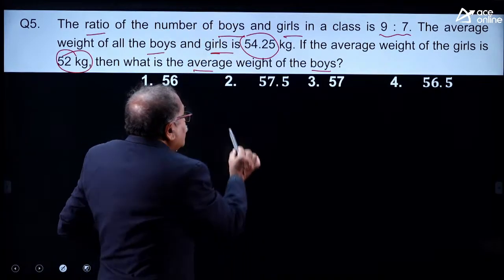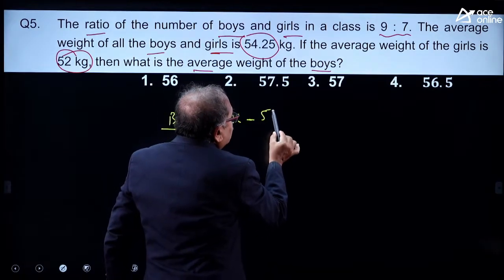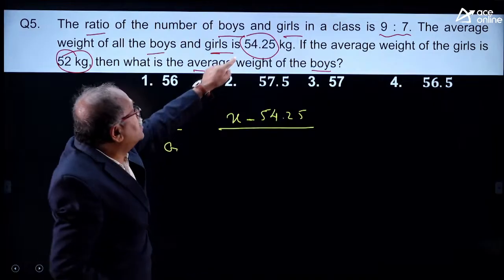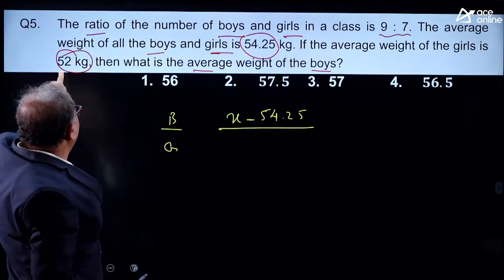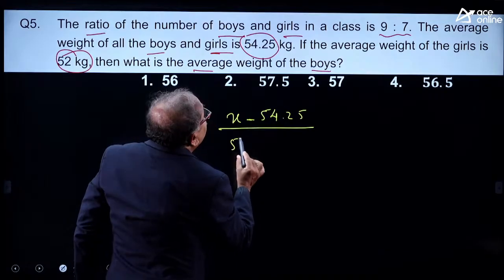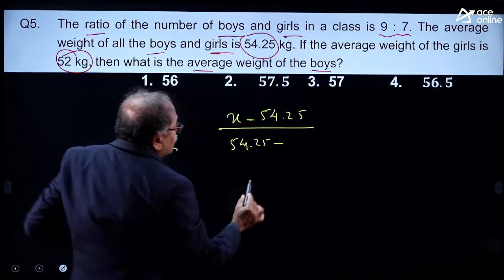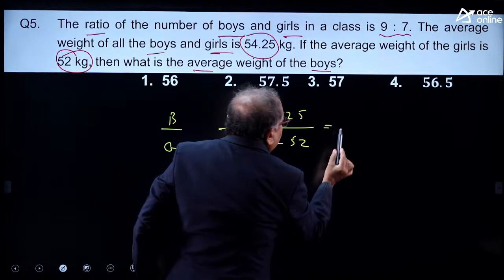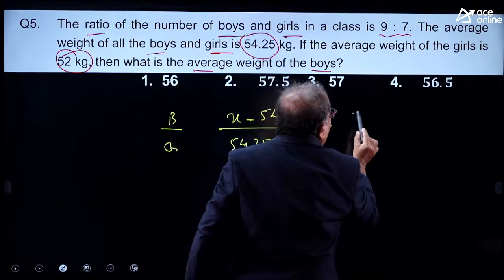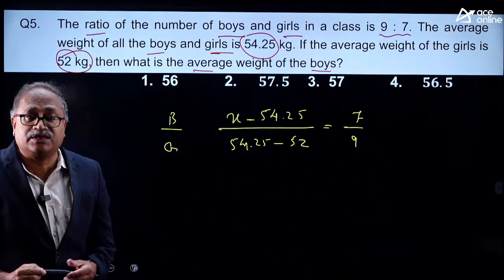So, x minus 54.25 over 54.25 minus 52, that is the girls, and the ratio will be in the reverse order, that is 7 by 9. It is not 9 by 7, if you understand why I am doing this.